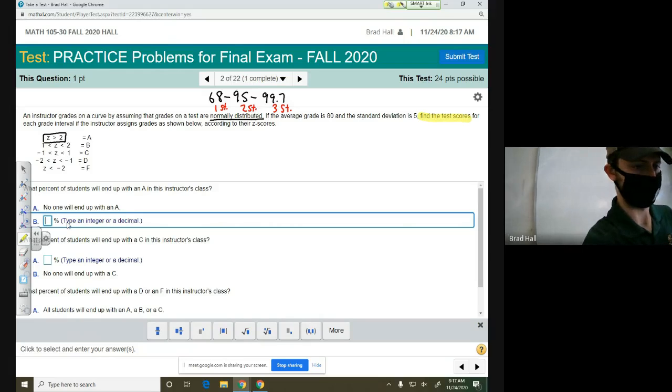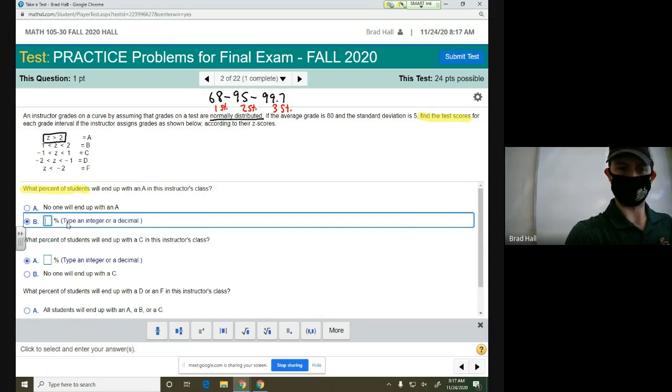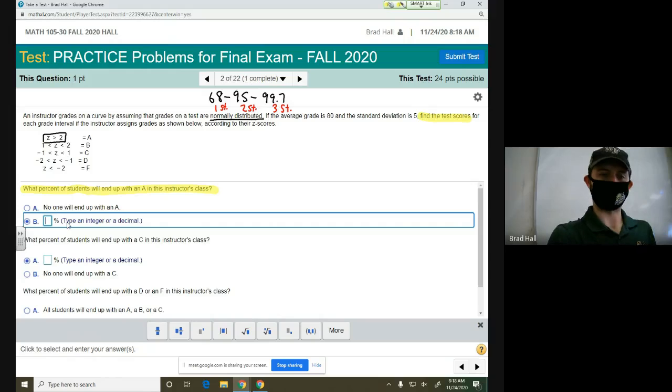But then what percentage of students? Is this a broken problem? Find the test scores for each grade interval. And then here it's asking for what percentage of students. Well, how about that? There's a broken problem on here.